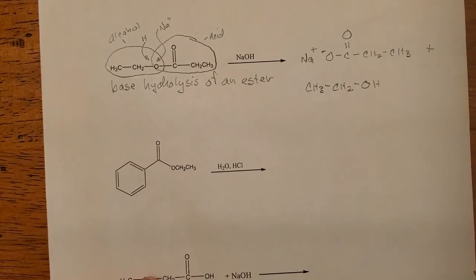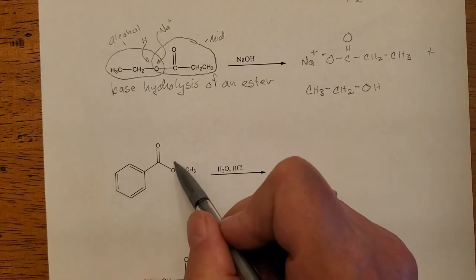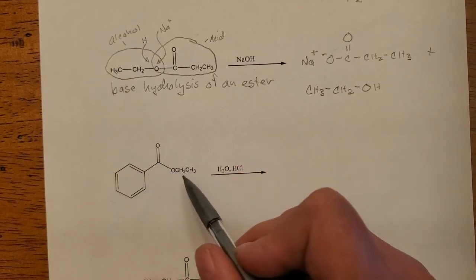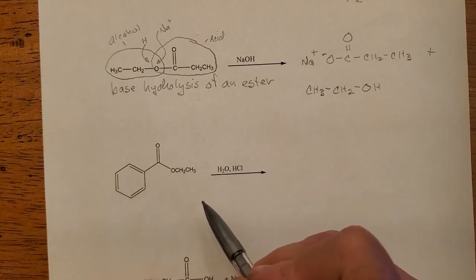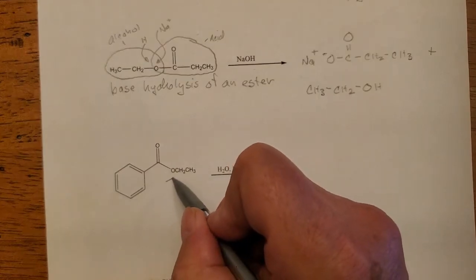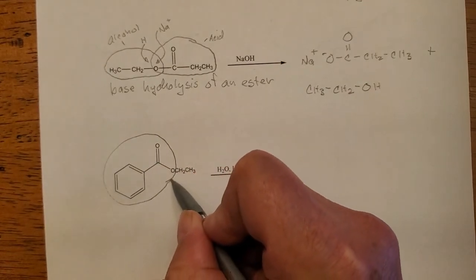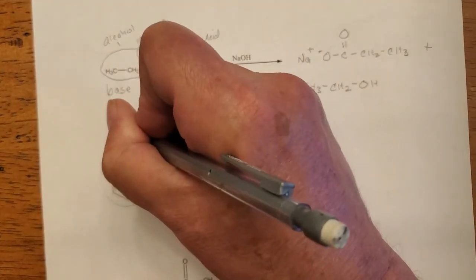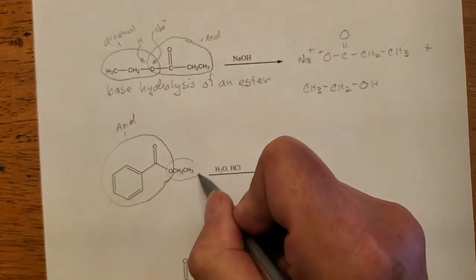All right. So here is an ester, a carbonyl and an ether, which is an ester. It's going to be acid hydrolyzed. So this is the acid part, and this is the alcohol part.